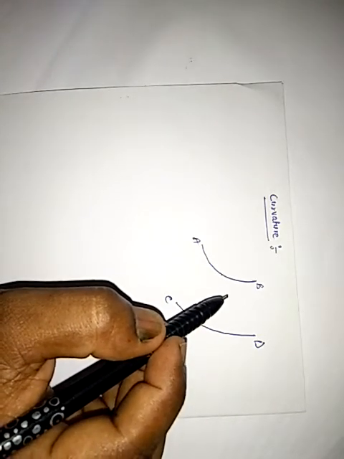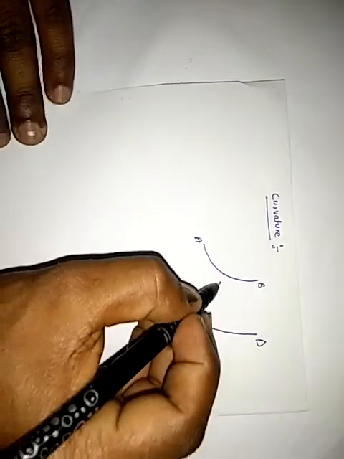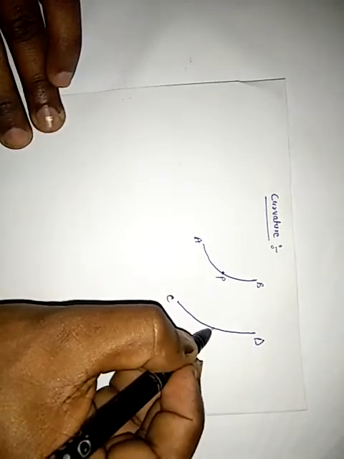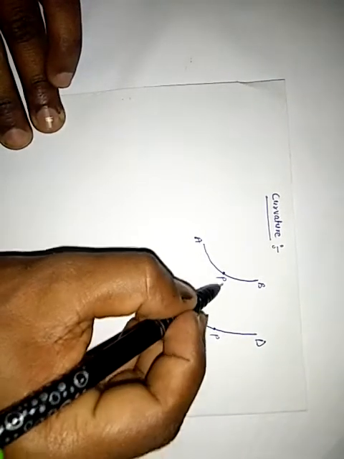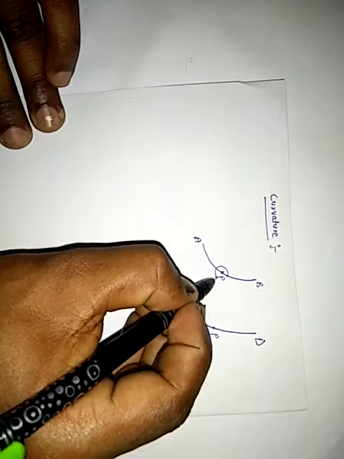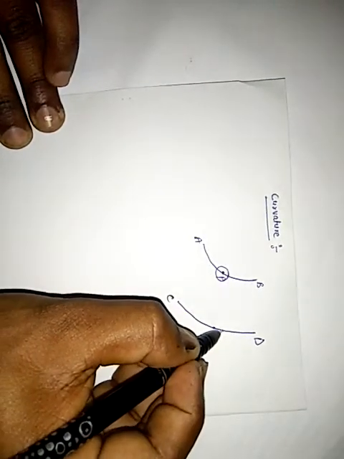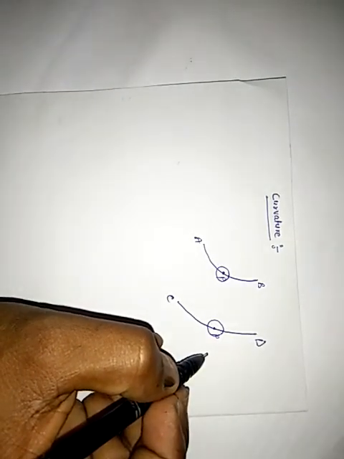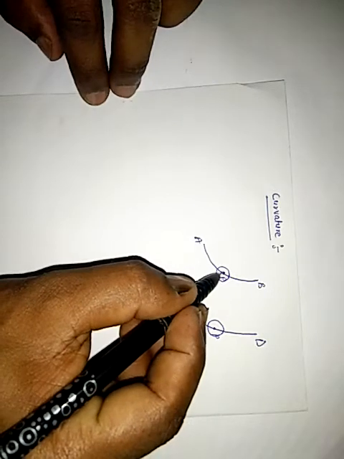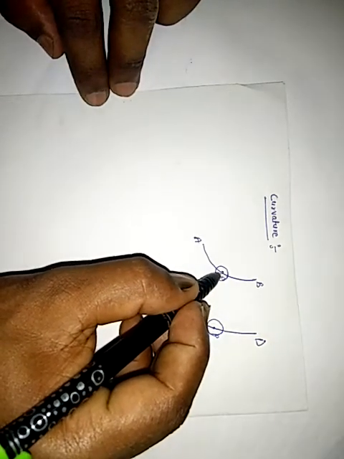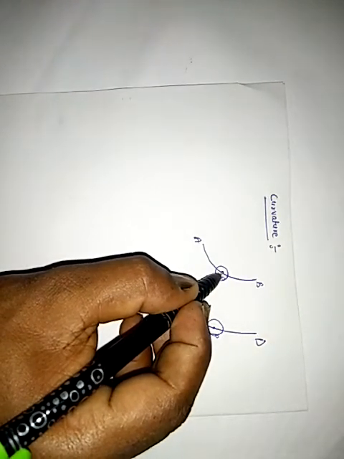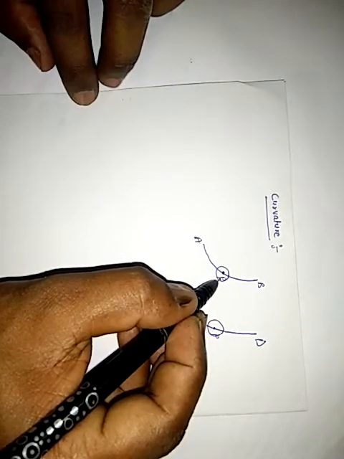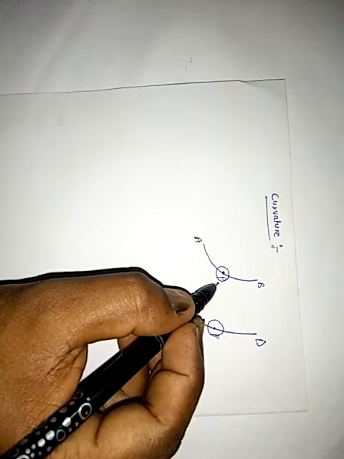A curve that has more bend has more curvature. Let us say a point P here, and also a point P here. If we make a circle in the neighborhood of P, then this curve has a point P and a circle on it with lesser radius.